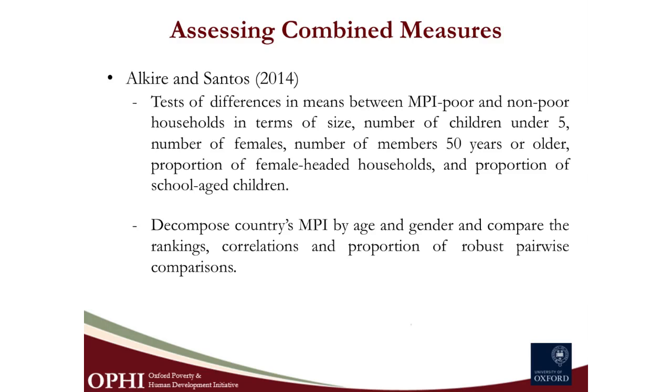There were not very statistically significant differences. Good news, the MPI seems to be robust to this. Another thing that they did is that they computed the MPI by age and gender, and they ranked all the countries. I don't know how many countries there were at the time, but probably 100.